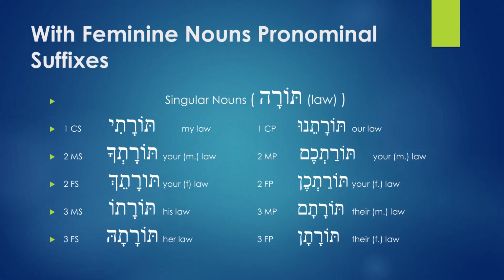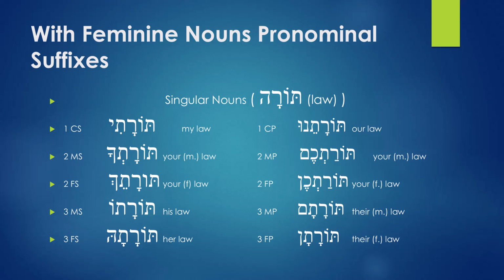Second person masculine plural, you have Toratchem, and Toratchem means your law. Second person feminine plural, you have Toratken. Toratken means your law. Third person masculine plural, you have Toratam.